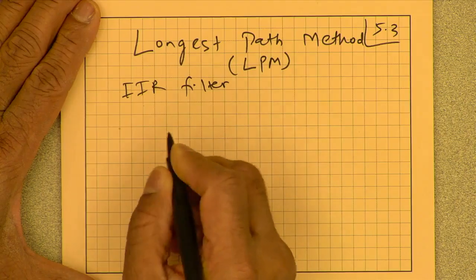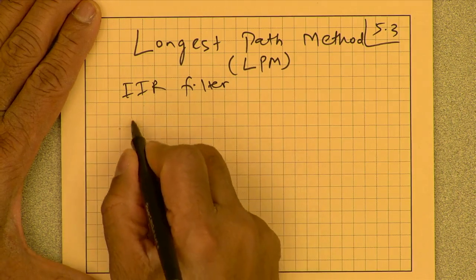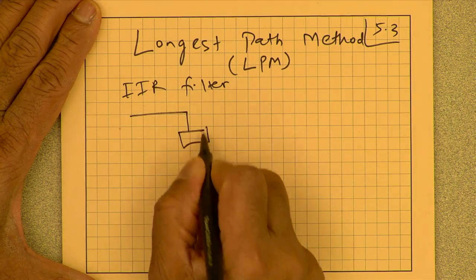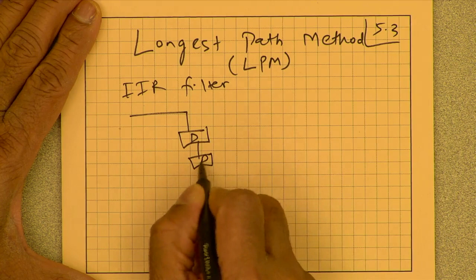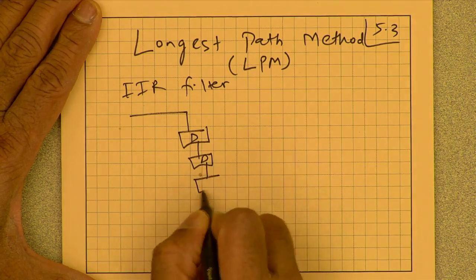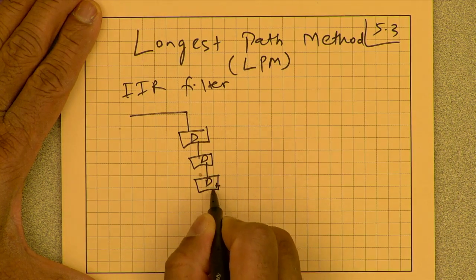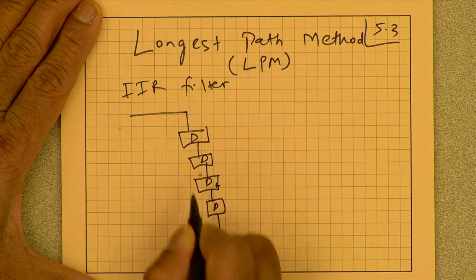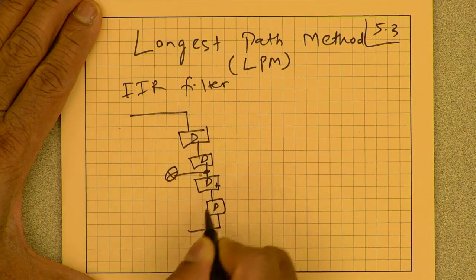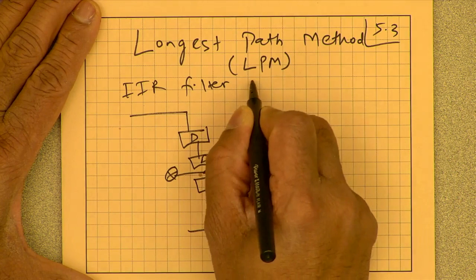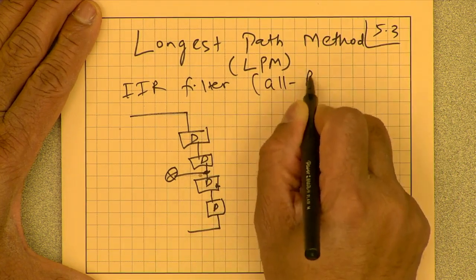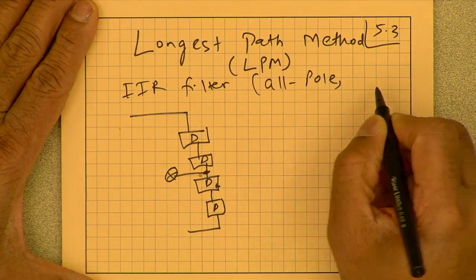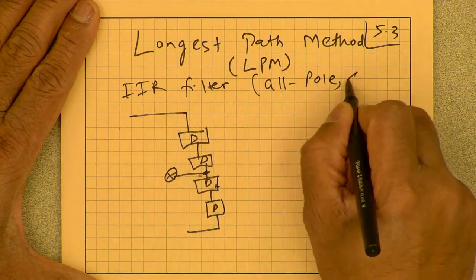So let's take the IIR filter. In this case, I will take the example from the textbook. This is a fourth order, all pole filter, meaning there is no feed forward part or numerator, only the recursive part.